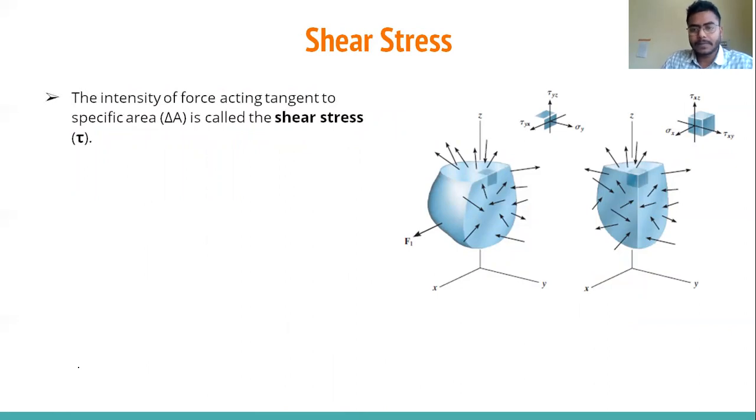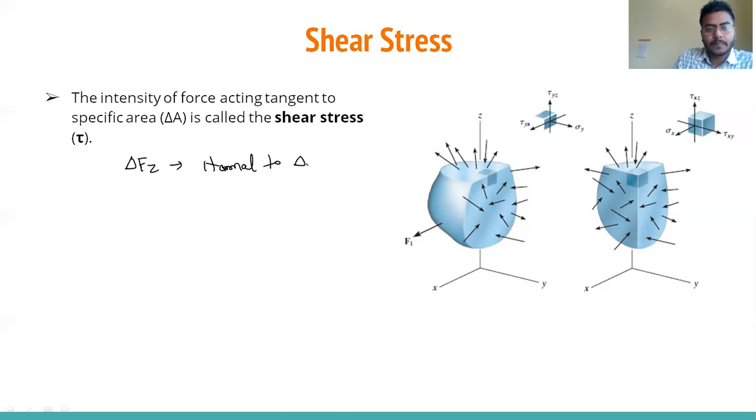Now shear stress. We have seen in the last slide that delta Fz was normal to delta A, but delta Fx and delta Fy are tangent to delta A, right?